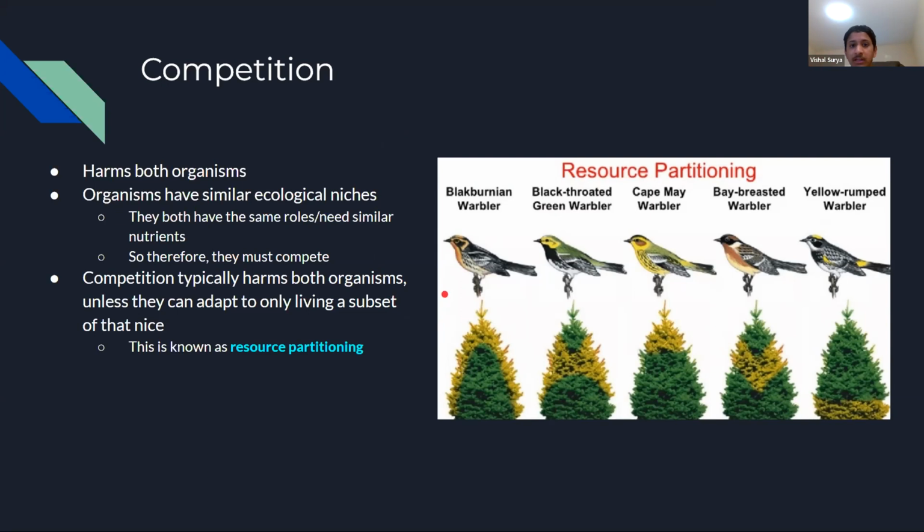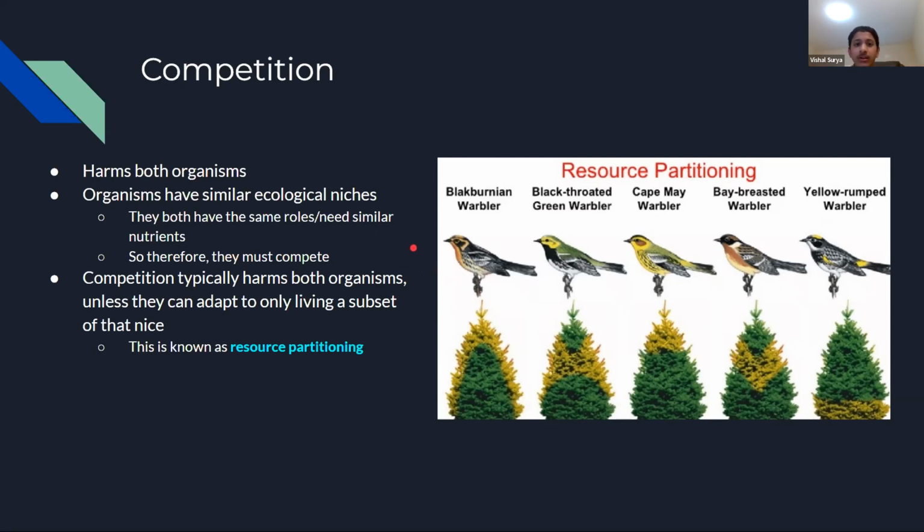So there's the realized niche and the fundamental niche. They're the two types. The fundamental niche is the part that the organism would ideally occupy. For example, if you have two birds competing for worms, the fundamental niche would be taking up all the worms and eating them.